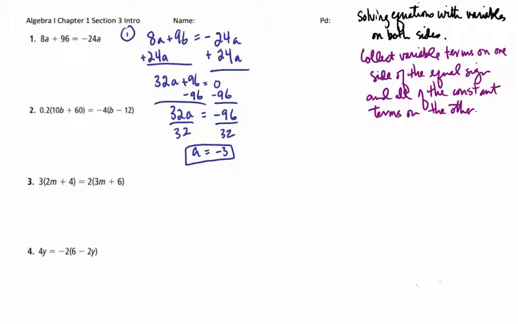Second example says 0.2 times the quantity, in parentheses, 10b plus 60 has got to equal negative 4 times b minus 12. And according to our list of strategies to solve multi-step equations, one of the first things we need to do is to distribute.